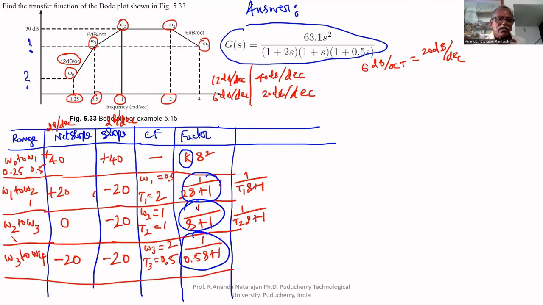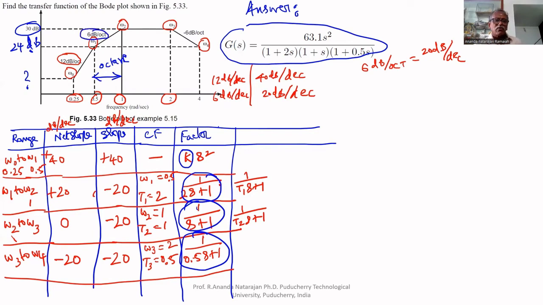We have 0.25 here, 0.5 here, and 1 here. The slope is 6 dB per octave. Here it is 30 dB. From 0.5 to 0.25 is 1 octave, and it decreases at the rate of 6 dB per octave.